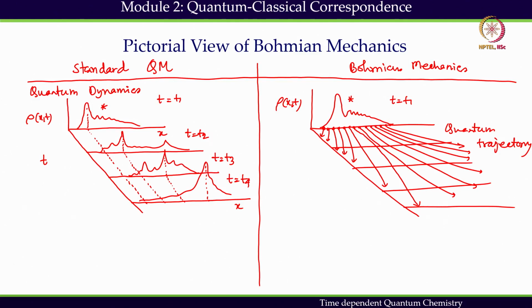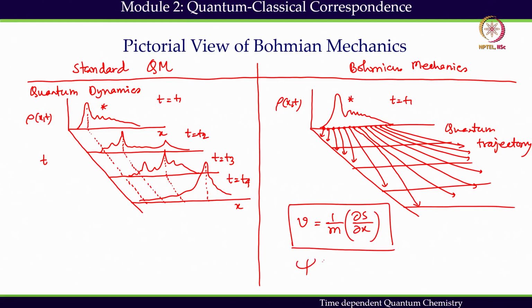If I pick up one of the possible positions, what kind of velocity it will have will be given by the Bohmian velocity, which is nothing but the space derivative of the phase function, where we have assumed that the wave function had the following form.